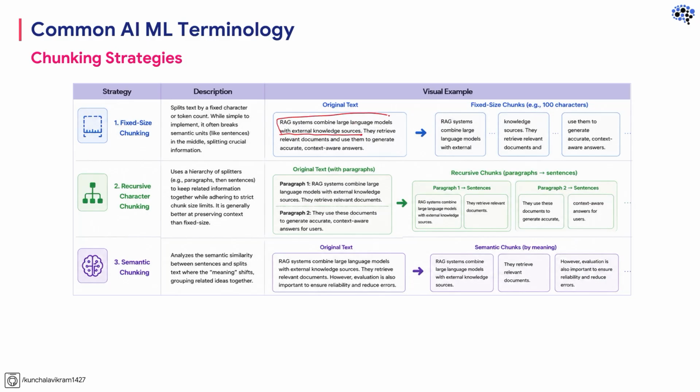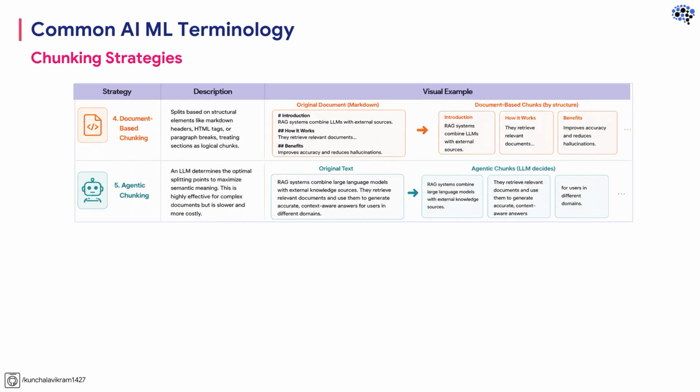This is a meaningful sentence, so this can be a chunk. The next one can be a chunk because it has certain meaning to it. Semantic chunking does the same thing. It understands the whole text inside the knowledge base, and then breaks the information into pieces which carry semantic meaning. This is one of the best chunking strategies.